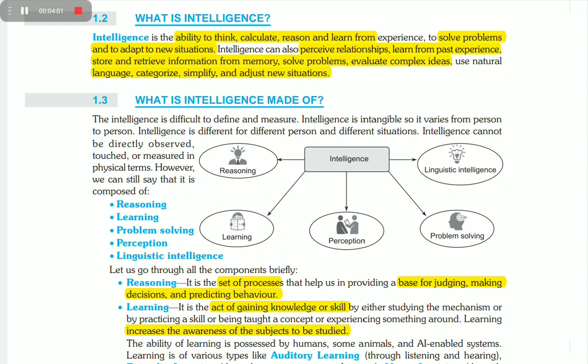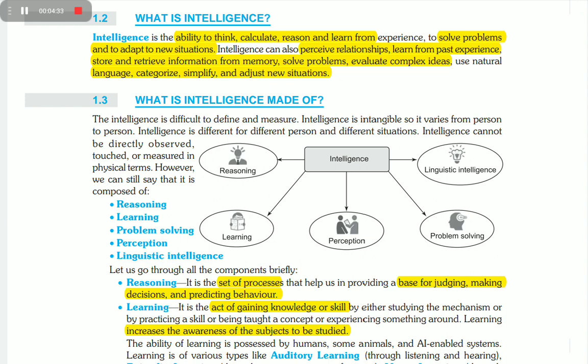Like this, use natural language. Natural language means we should not use any bad language. To store and retrieve information from memory, like in our exams, we store it by reading or learning the books, as you are doing right now by understanding, and then replay the information from memory during the exam.